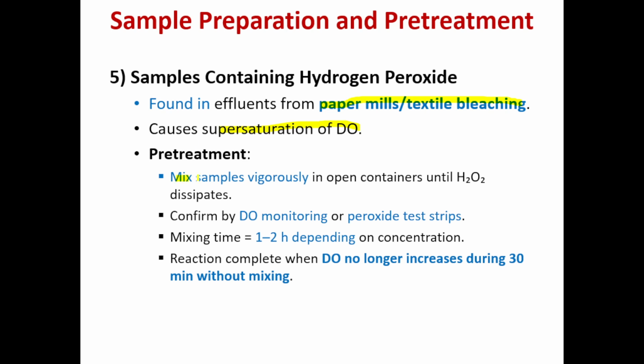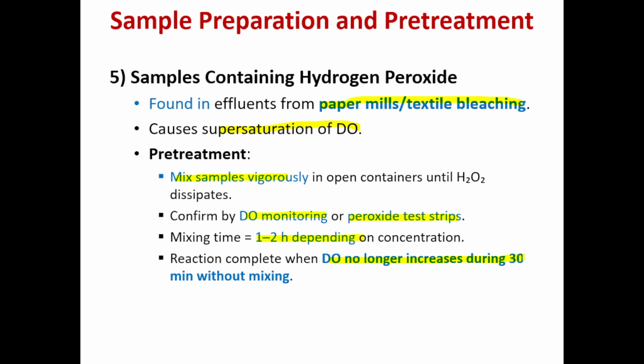Mix the sample vigorously in an open container until the hydrogen peroxide dissipates. Confirm it by DO monitoring or peroxide test strips. Mixing time is 1 to 2 hours depending on concentration. The reaction is complete when DO no longer increases during 30 minutes without mixing.